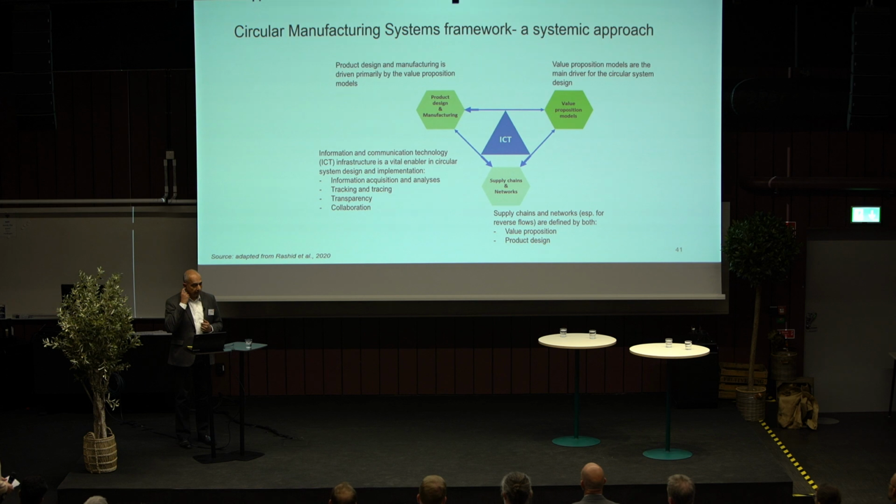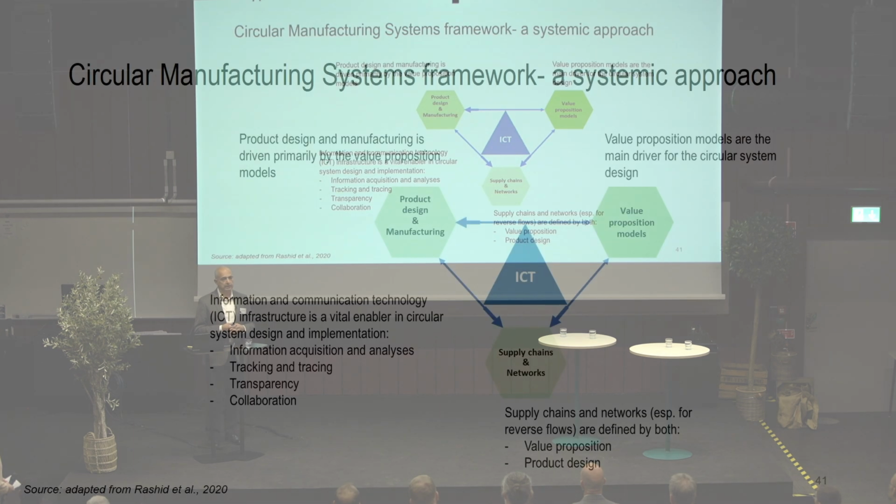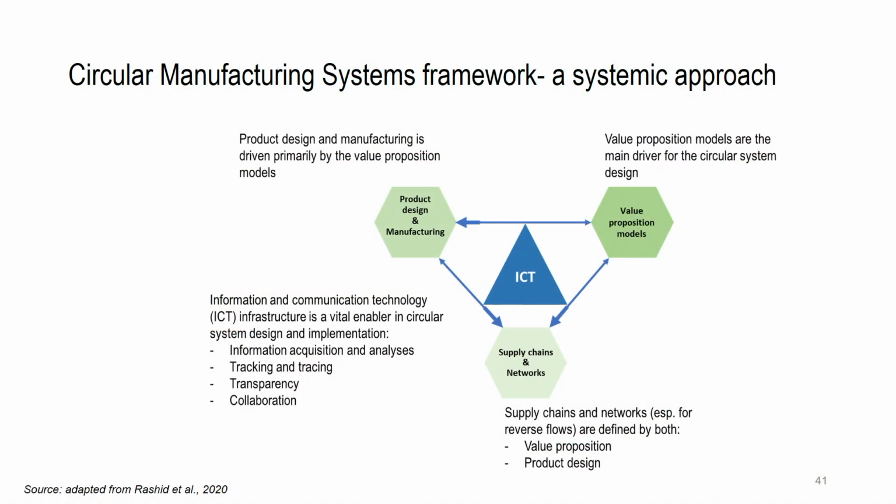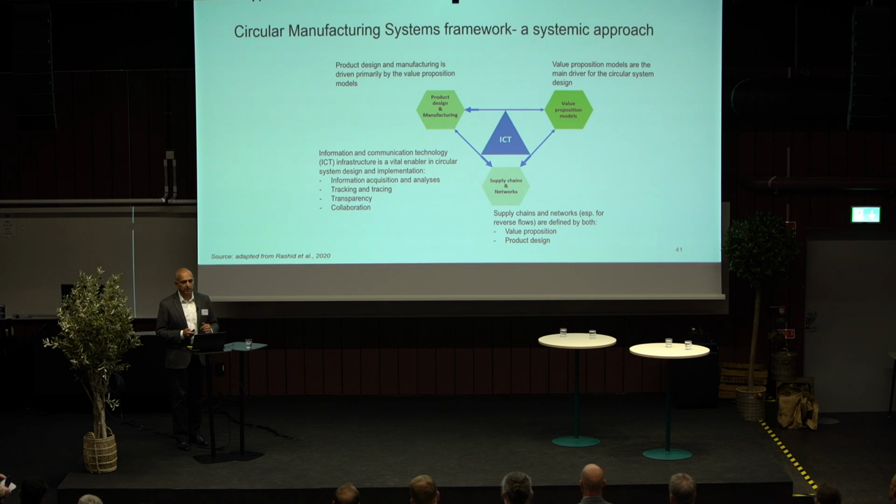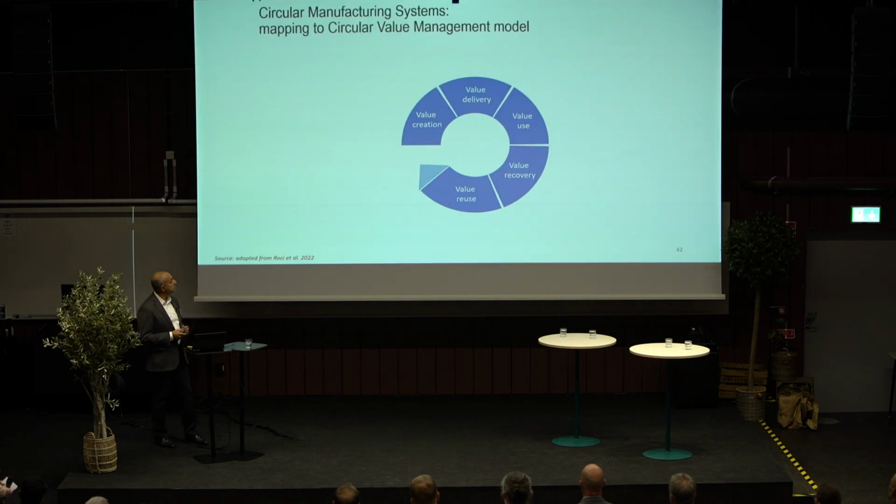So while working on our research, what we did was, we went into this concept of circular manufacturing system, and we wanted to create this framework so that we can structure and simplify moving forward, right? In parallel, we also developed what we call the circular value management model, right?